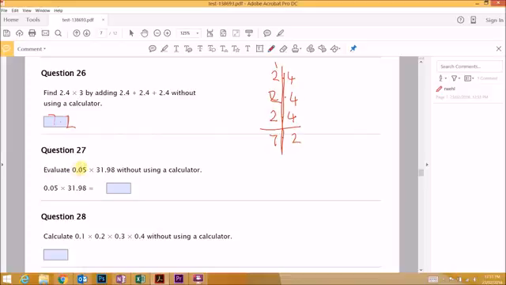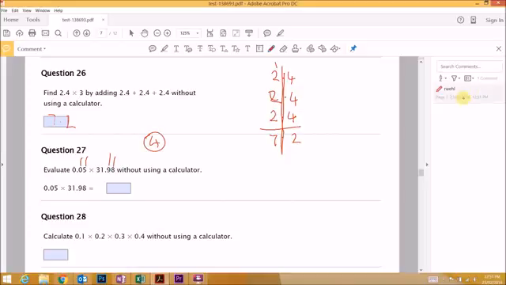Evaluate 0.05 times 3.98 without using a calculator. So once again, take out the decimal places. There are 1, 2, 3, 4 decimal places, which we will need to put into our answer.